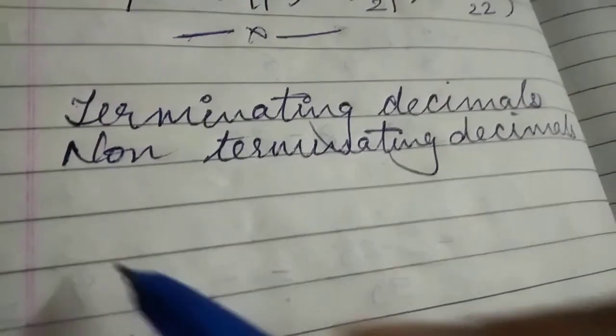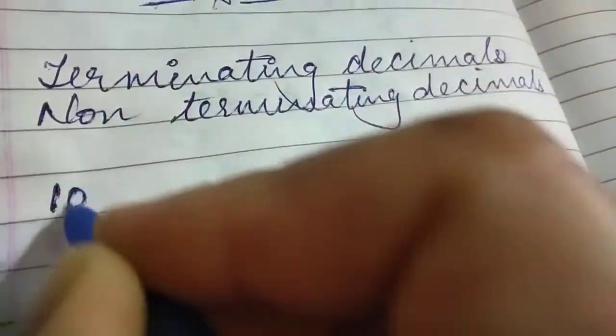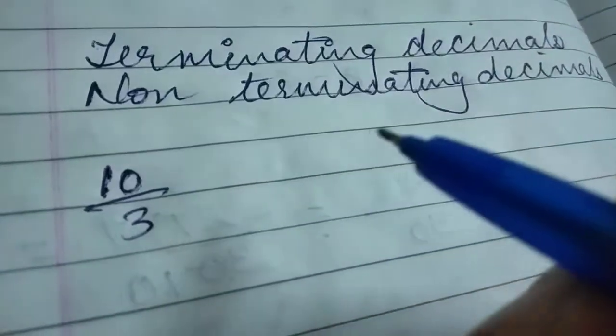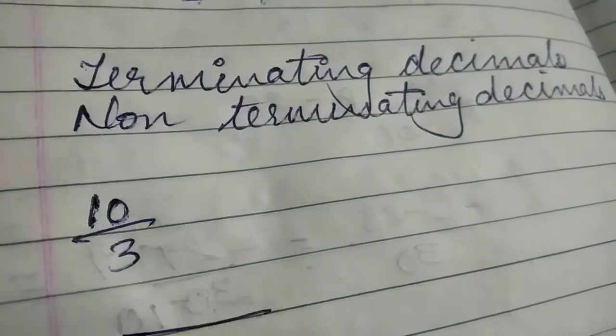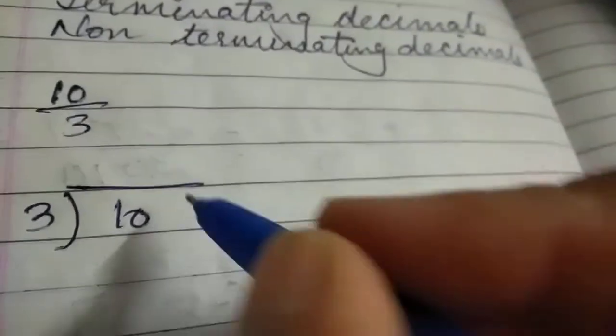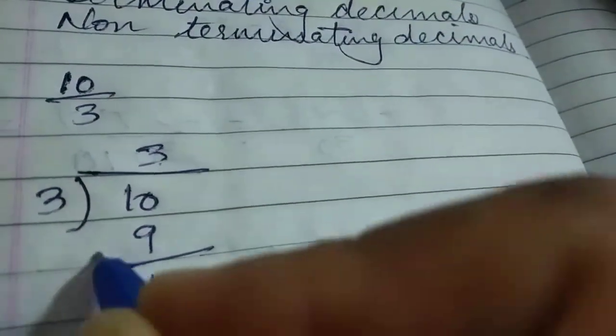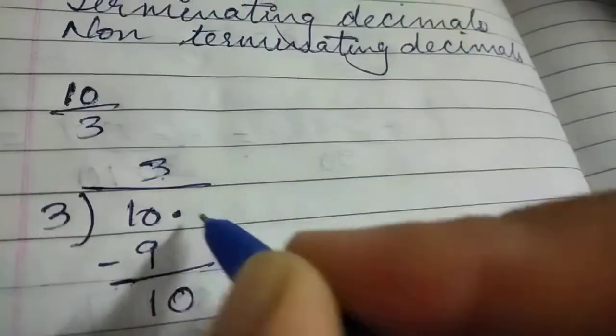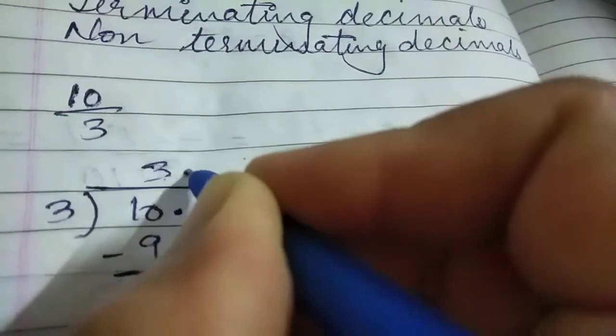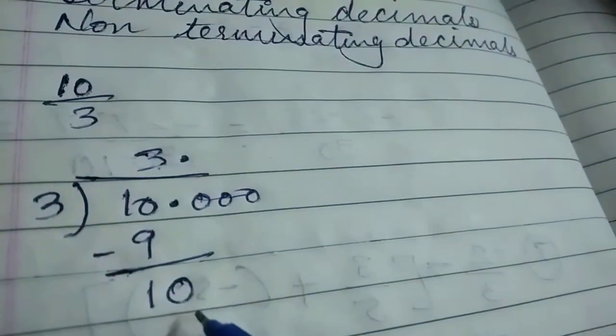For example, if we take 10 upon 3, that means 10 divided by 3. We divide 10 by 3. 3 3s are 9, remainder 1. We subtract it. We bring one more 0 here. After decimal we put zeros. Here we put a decimal. Okay.